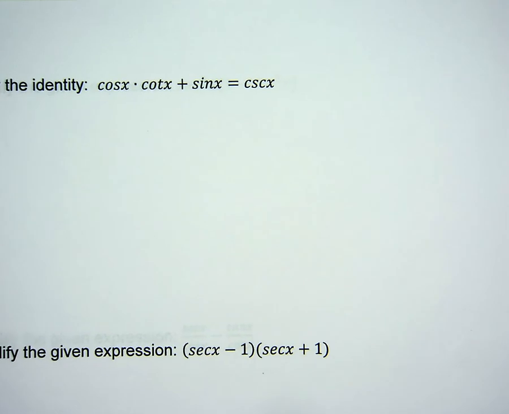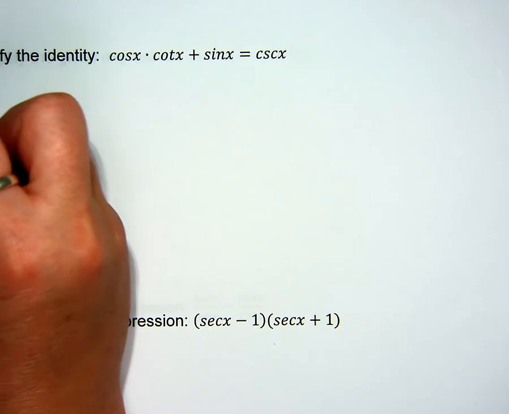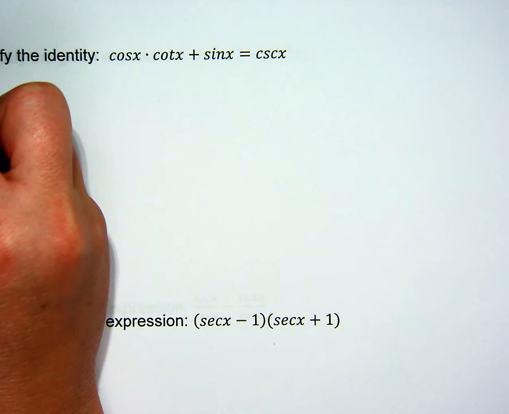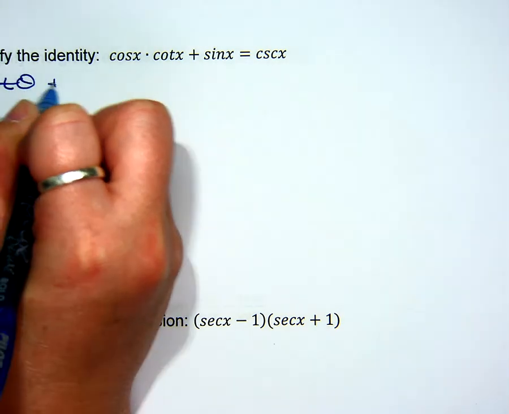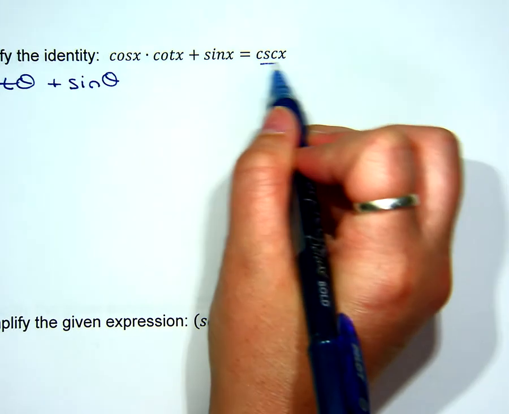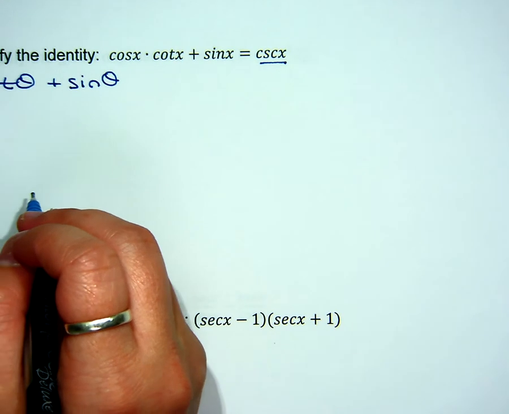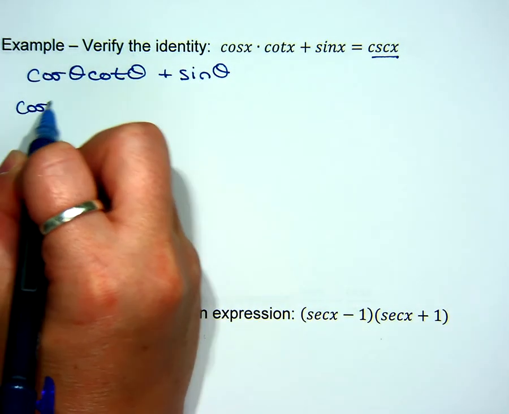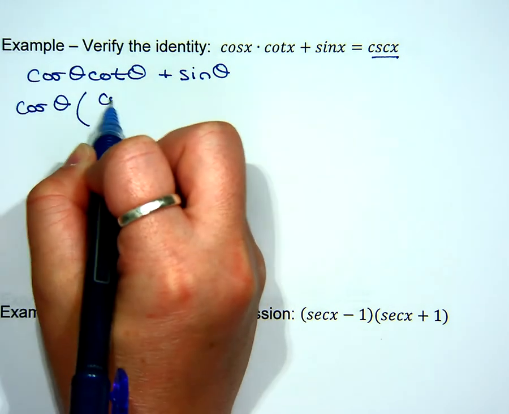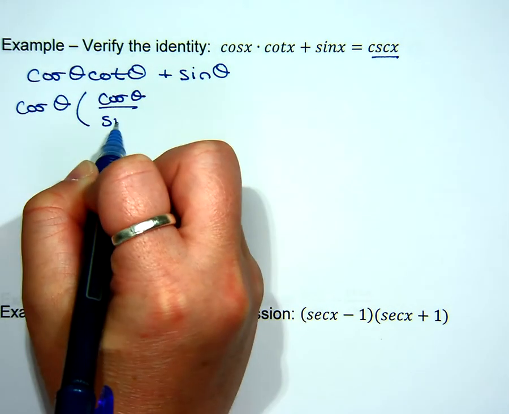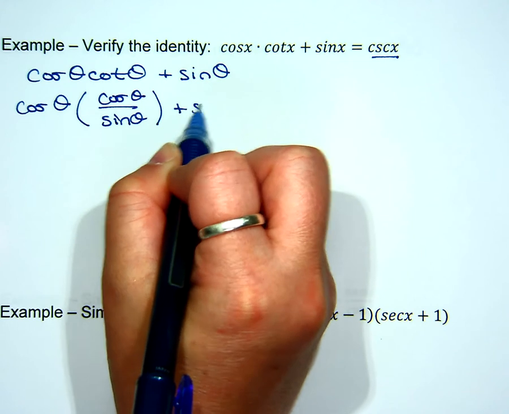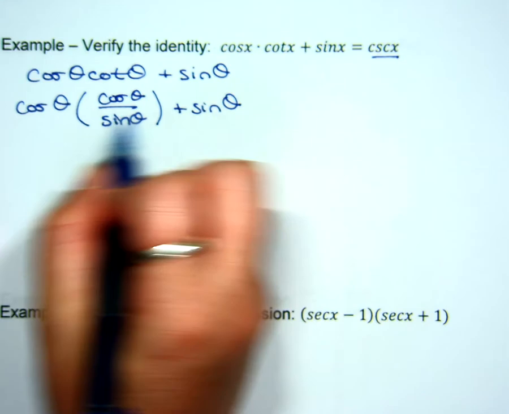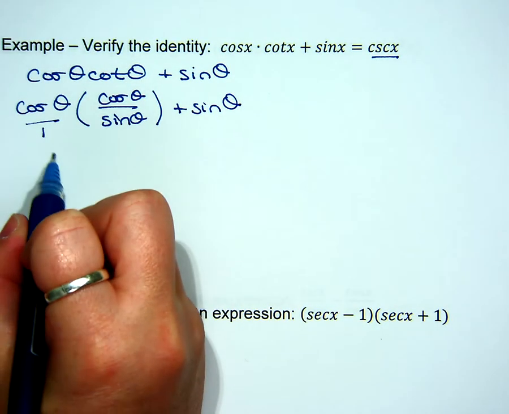Let's work a couple more. Here we've got cosine, cotangent, plus sine. We want to show that this is cosecant. Break it into sines and cosines. Cotangent is cosine over sine. Multiply the fractions.